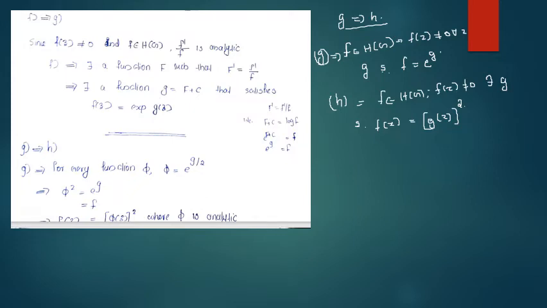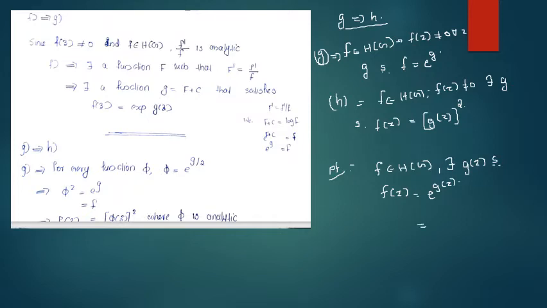From G, it is given that for any f belonging to h of g, there exists some g of z such that f of z can be written as e raised to g of z.